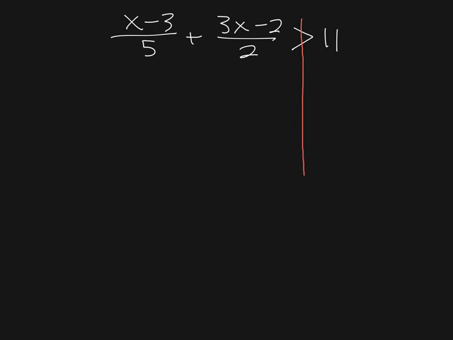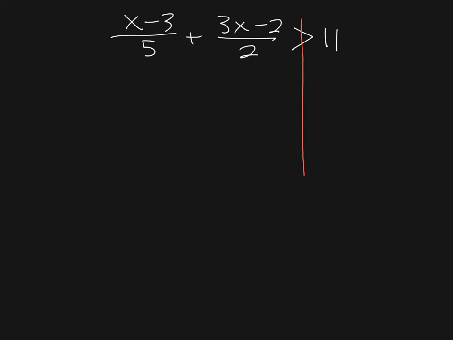Now, I have 2 fractions that I'm adding together on the left side of this inequality. One way to solve this would be to find the common denominator of these 2 fractions. Now 5 and 2 are my denominators, and I know that 5 and 2 both go into 10.